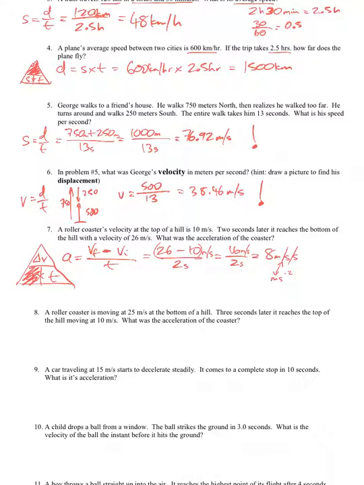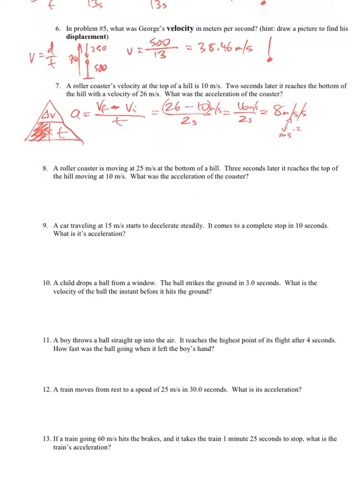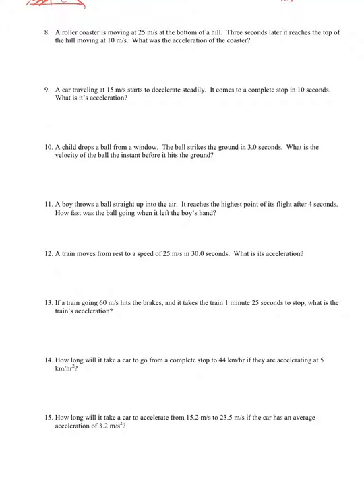Next, number 8, a roller coaster moving at 25 meters per second at the bottom of a hill. 3 seconds later, it reaches the top of the hill, moving at 10, so it slowed down. What was the acceleration of the coaster? From the previous question, acceleration is equal to v final minus v initial over the time it took.